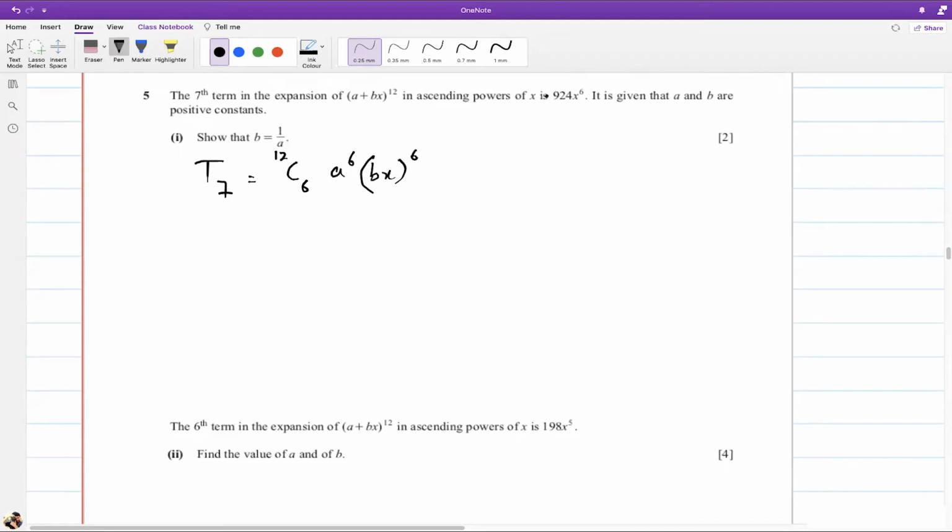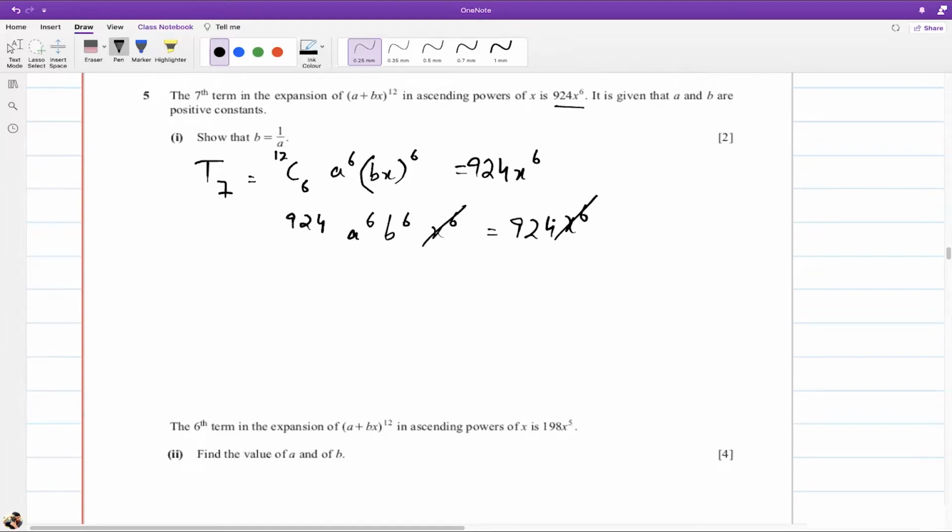हमें एक हिंट भी यहाँ पे उसने दिया हुआ है कि उसने ये बता दिया है कि x की पावर क्या है, तो हम इसको इक्वल टू 924x पावर 6 लिख देंगे. When you solve this 12c6 कैलकुलेटर से सॉल्व कर लेते हैं, that is 924. So 924 a power 6 b power 6 x power 6 equals to 924 x power 6.